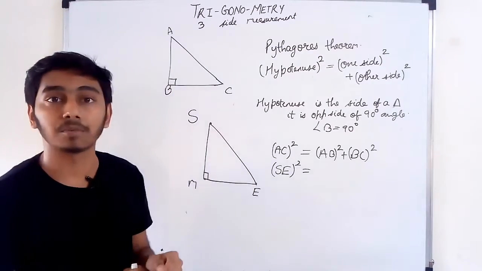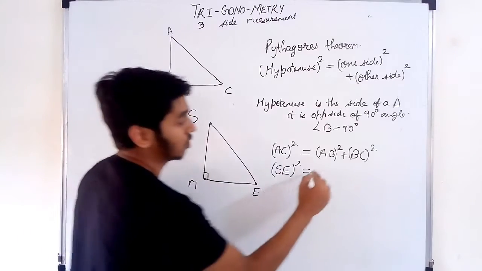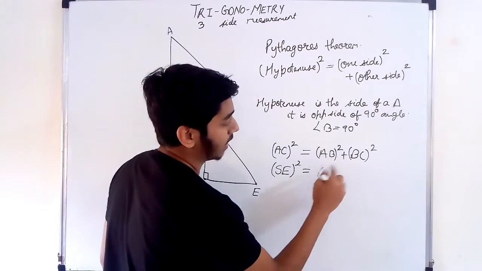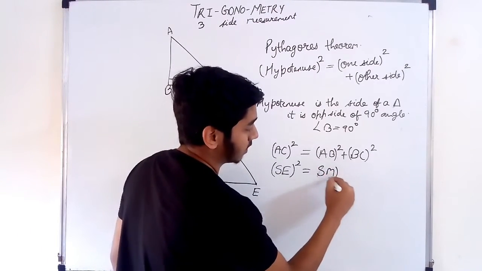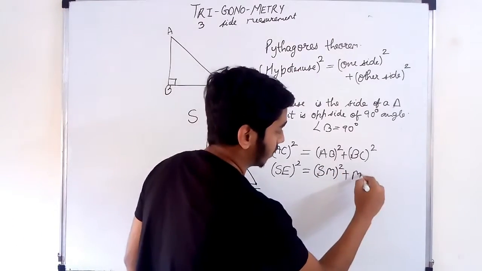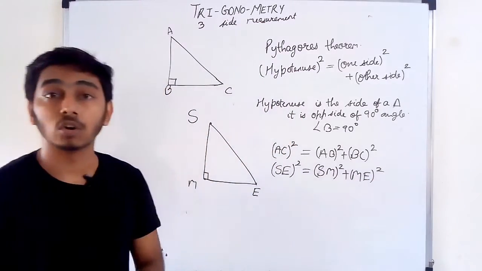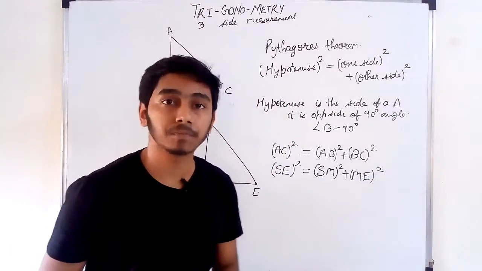So SE is the hypotenuse and there are two sides which are SM and ME. So just square and add. So SM square plus ME square. Okay. So I hope you have understood what is Pythagoras theorem.